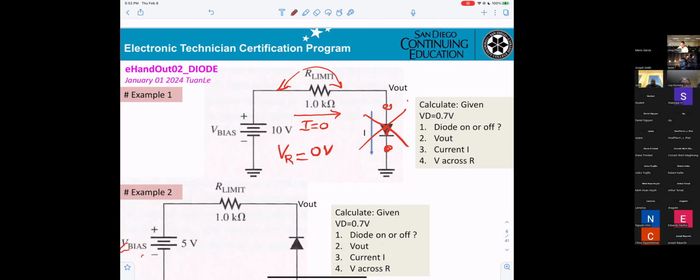Basically on this side you get 10 volts and the drop is 0, so VL will be equal to 10 volts, correct? And now 10 volts on one side, the other side will be ground. That means 10 volts here is higher than 0 here, so the diode will be on.